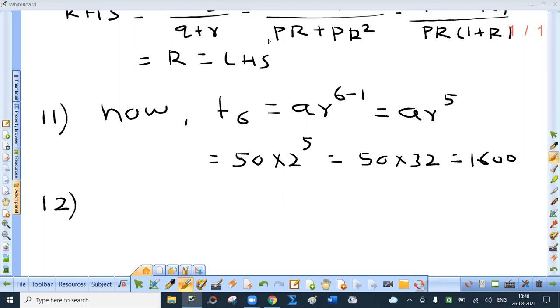The heights in successive bounces form a GP with small r equal to 3/4.